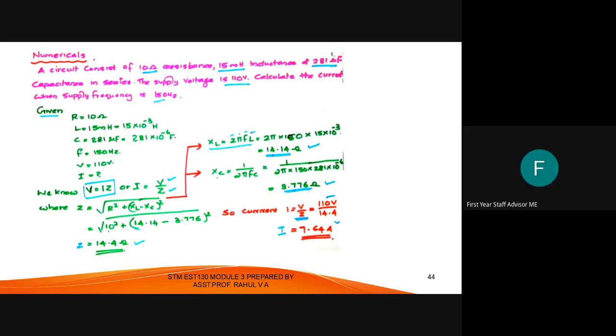Okay, so the formula for current is V by Z. So this is the impedance. So V by Z, if you calculate, V is given as 110. Just now we have calculated the impedance value.